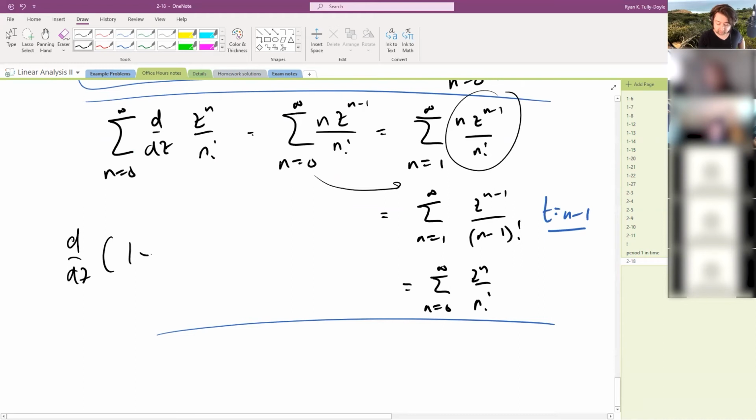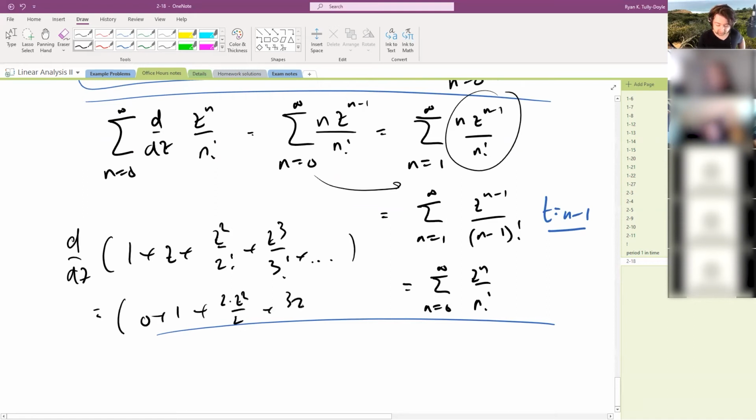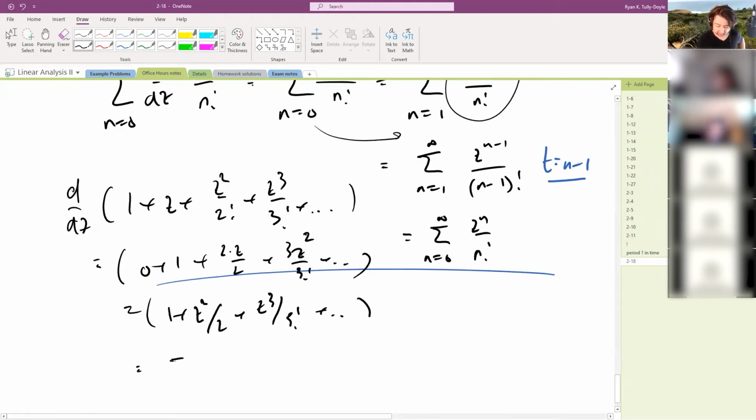d by dz of 1 plus z squared over 2 factorial plus z to the third over 3 factorial dot dot dot, which is equal to 0 plus 1 plus 2 times z over 2 plus 3 times z squared over 3 factorial, which is just 1 plus z plus z squared over 2 plus z to the third over 3 factorial, which is obviously the original series.